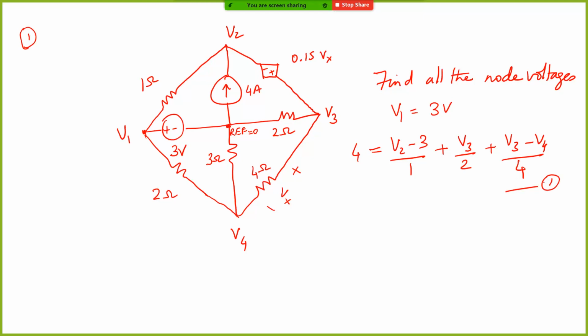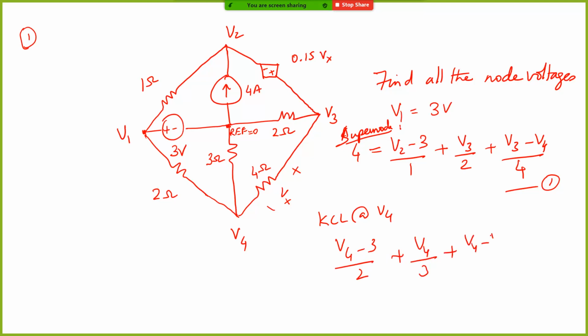The other equation would be for V4. So KCL at V4, what do you get? All are outgoing currents. So we say (V4 minus 3) by 2 plus V4 by 3 plus (V4 minus V3) by 4 equaling 0.